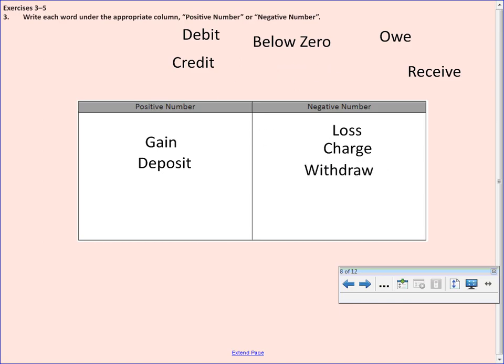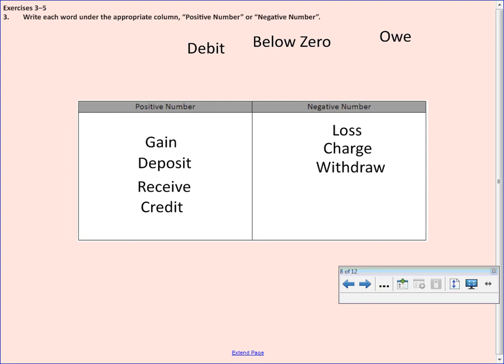Withdrawal, receive, credit, positive. Remember, they're going to credit my account. They're going to give me my money back when I make my return. Debit, negative. A debit card.